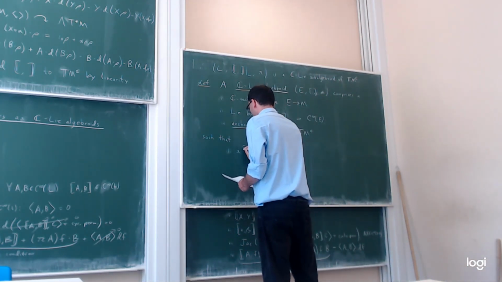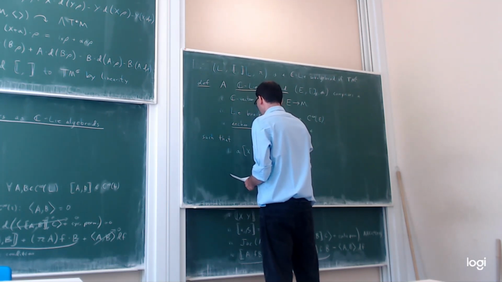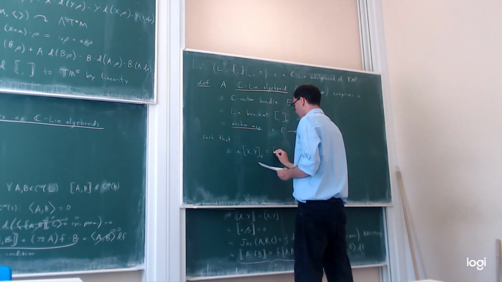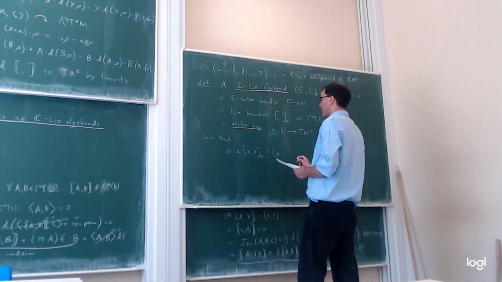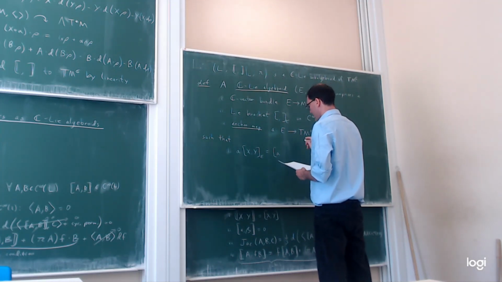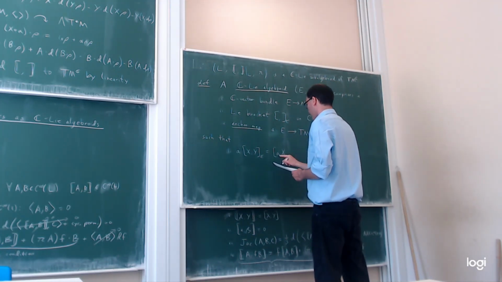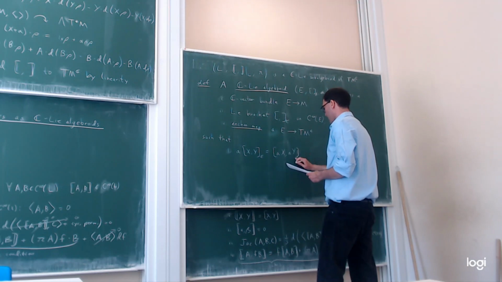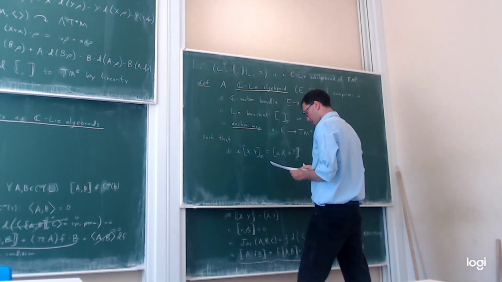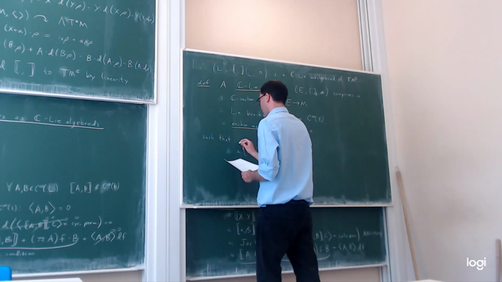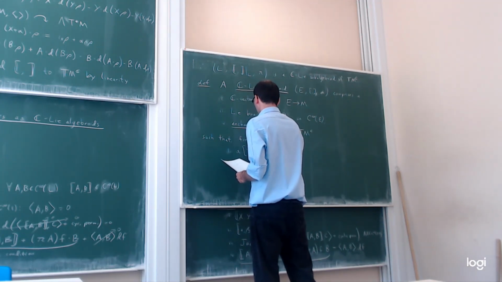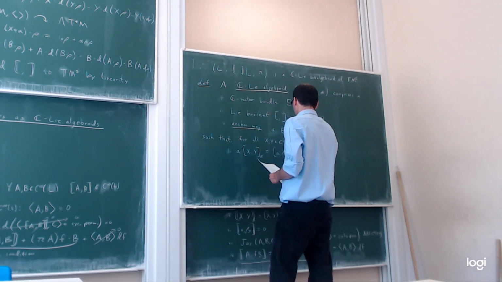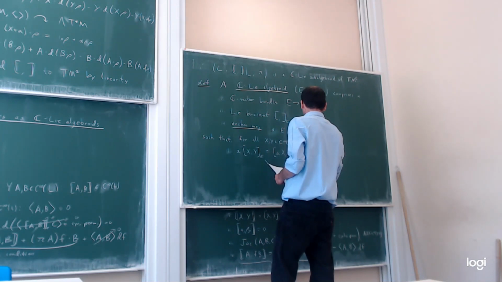That is, A applied to the E bracket of X and Y is equal to the standard Lie bracket on TM_C of the anchor map applied to X and the anchor map applied to Y. This is for all x, y sections of E, and f smooth functions on M.